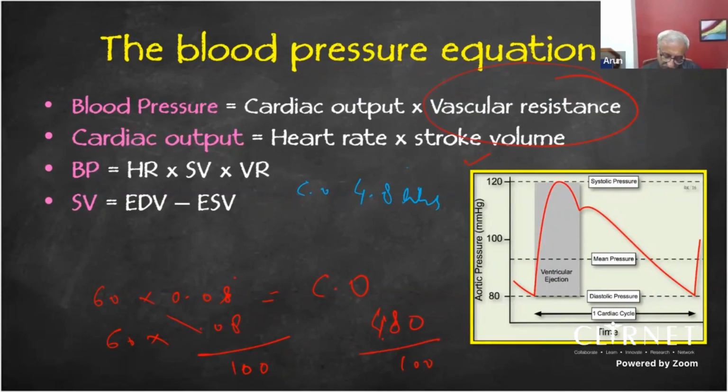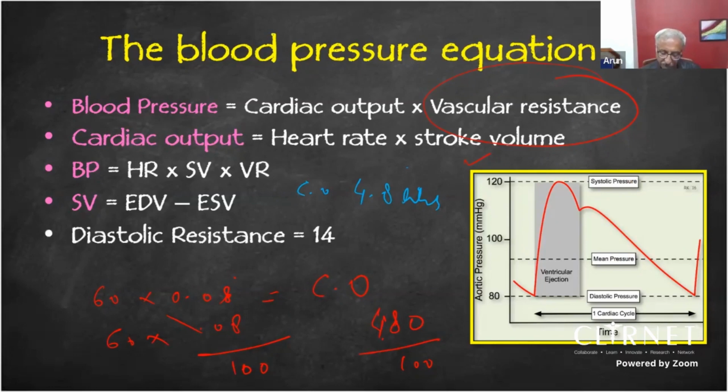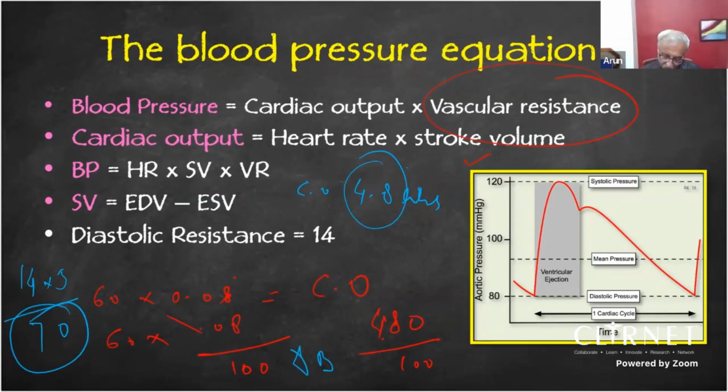Say diastolic resistance is 14. Let it be a rough figure, 5. So 14 into 5 is 70. This 70 is your diastolic blood pressure.